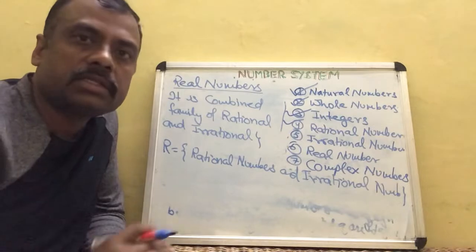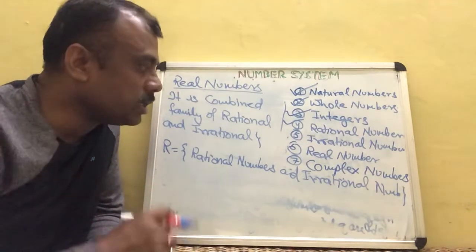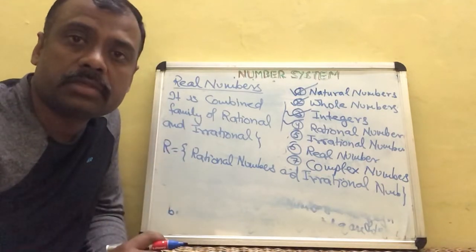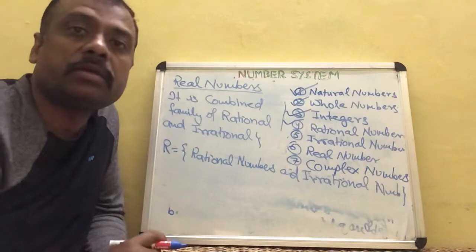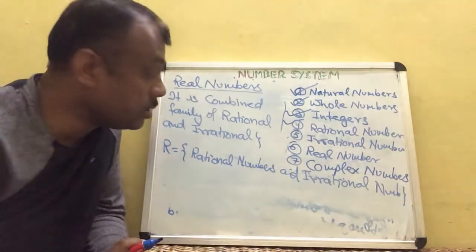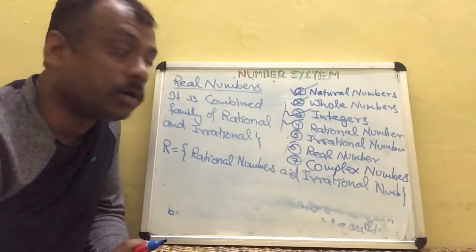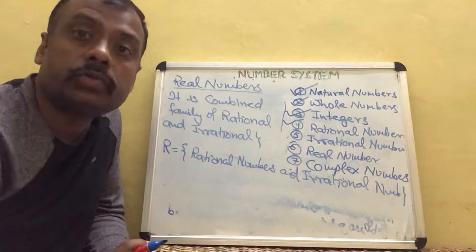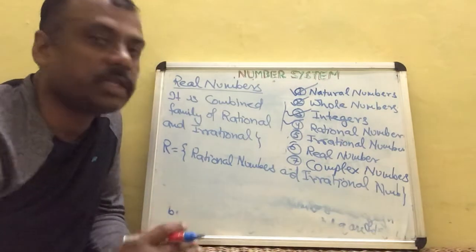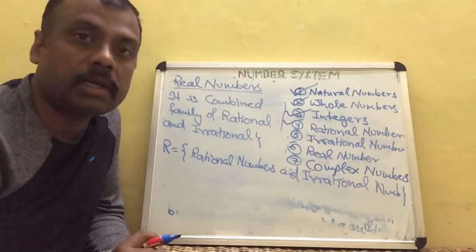since rational numbers are infinite and irrational numbers are infinite, there are infinite numbers between two rational numbers. So there are infinite numbers between two real numbers. So it is not possible to write all the numbers here. So what do we adopt? We adopt another way to show rational and irrational, or real numbers, together on a real number line.